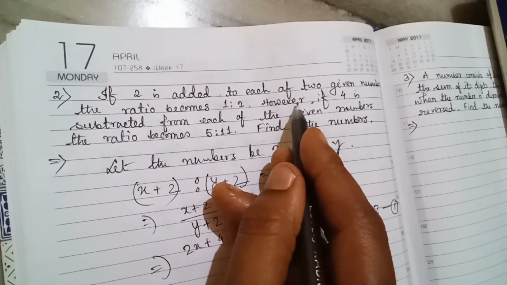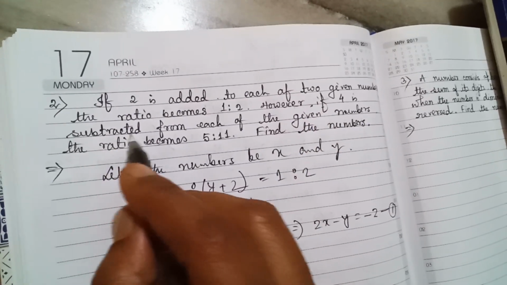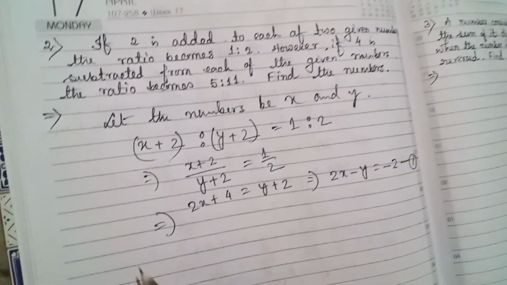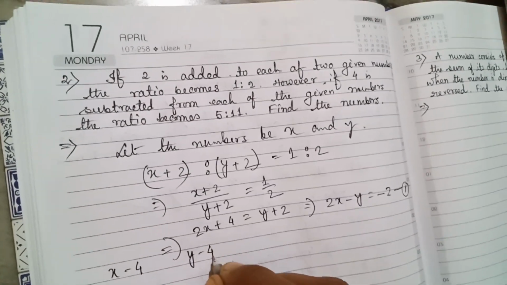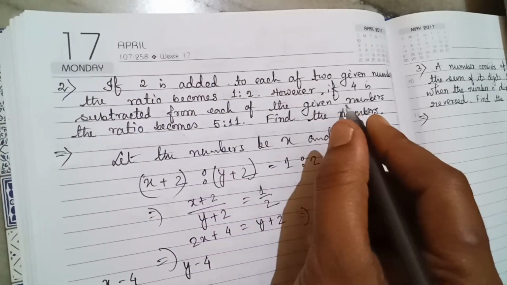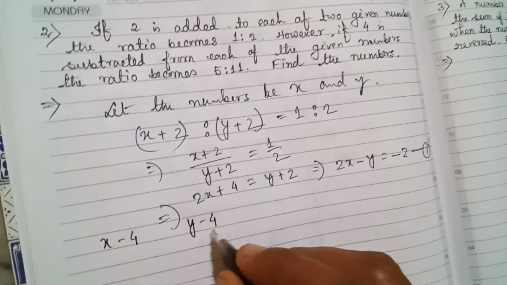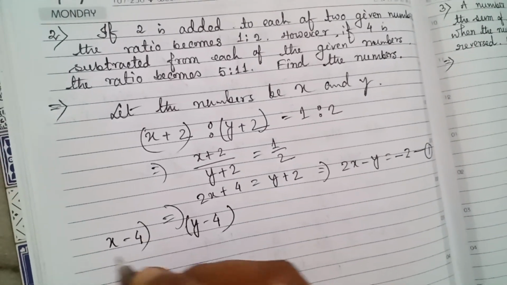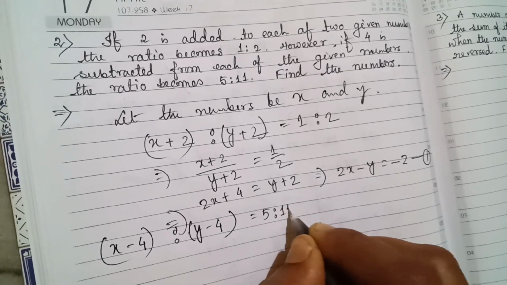Similarly, we will look at the second given condition. If 4 is subtracted from each of the given numbers, that means x minus 4 and y minus 4. If this happens, then the ratio becomes 5:11. So again we will make the ratio 5:11.